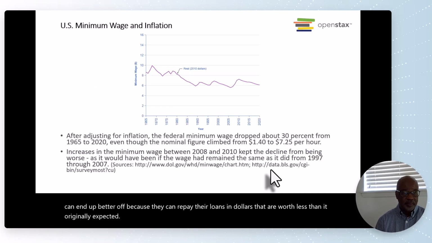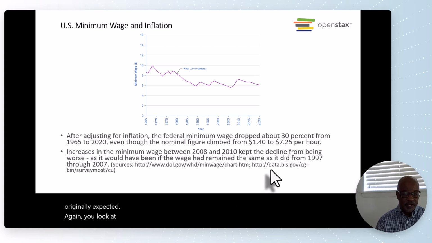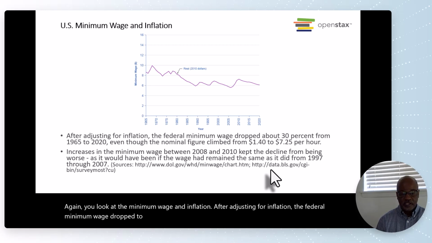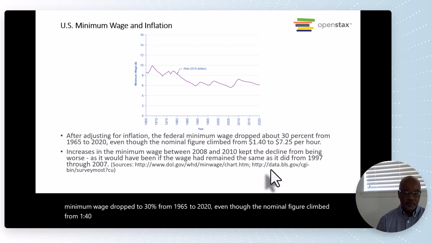Again, you look at the minimum wage and inflation. After adjusting for inflation, the federal minimum wage dropped 30% from 1965 to 2020, even though the nominal figure climbed from $1.40 to $7.25 per hour.